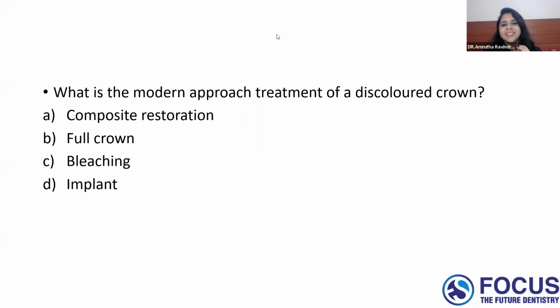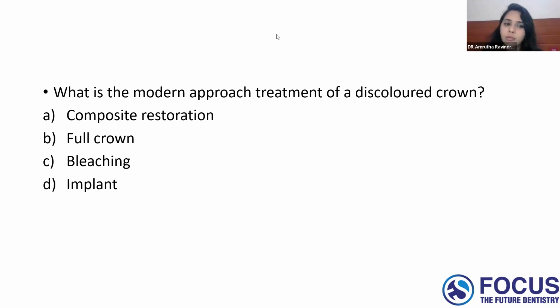See, that's an easy question, right? Very good, everybody. The answer will be C, bleaching. A discolored crown can be treated with composite restoration, but here the most apt modern approach will be bleaching, because with a composite restoration, and not a composite veneer, you have to remove a lot of tooth structure.